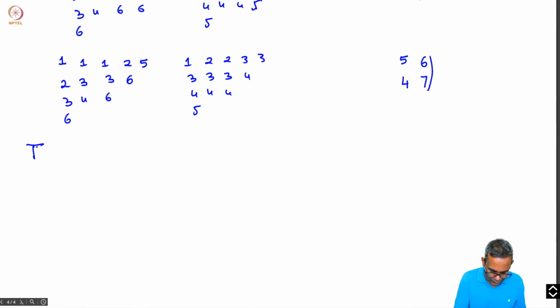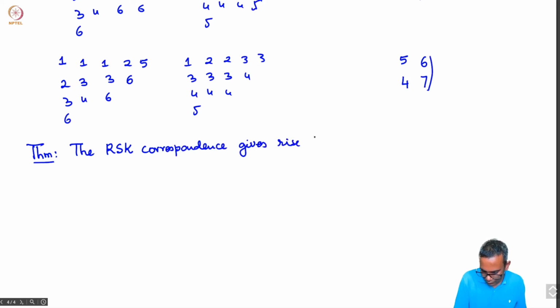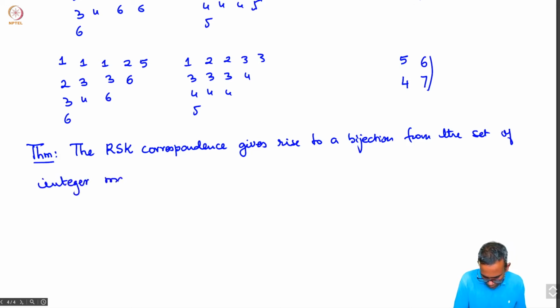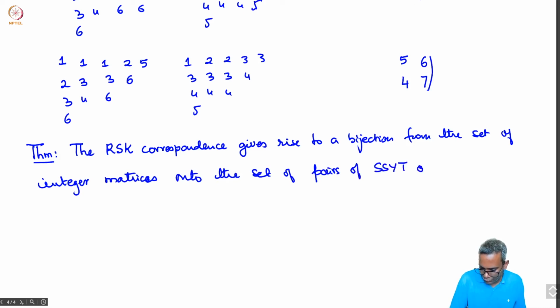So what we have is the following theorem. The RSK correspondence gives rise to a bijection from the set of integer matrices onto the set of pairs of semi-standard Young tableaux of the same shape.